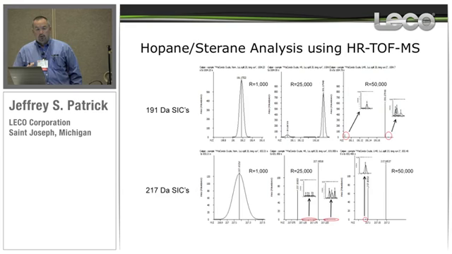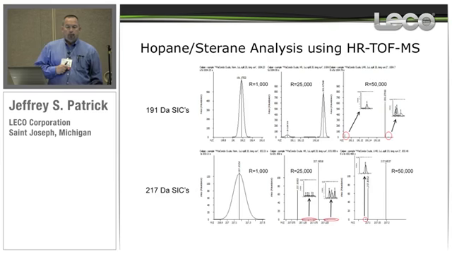If we kick it up a little bit further to 50,000, you can see additional contributions at smaller levels. So the ability to get selective detection of biomarkers is achievable and potentially important in characterizing the petroleum. And this high resolution lets you be selective and more accurate in that evaluation.